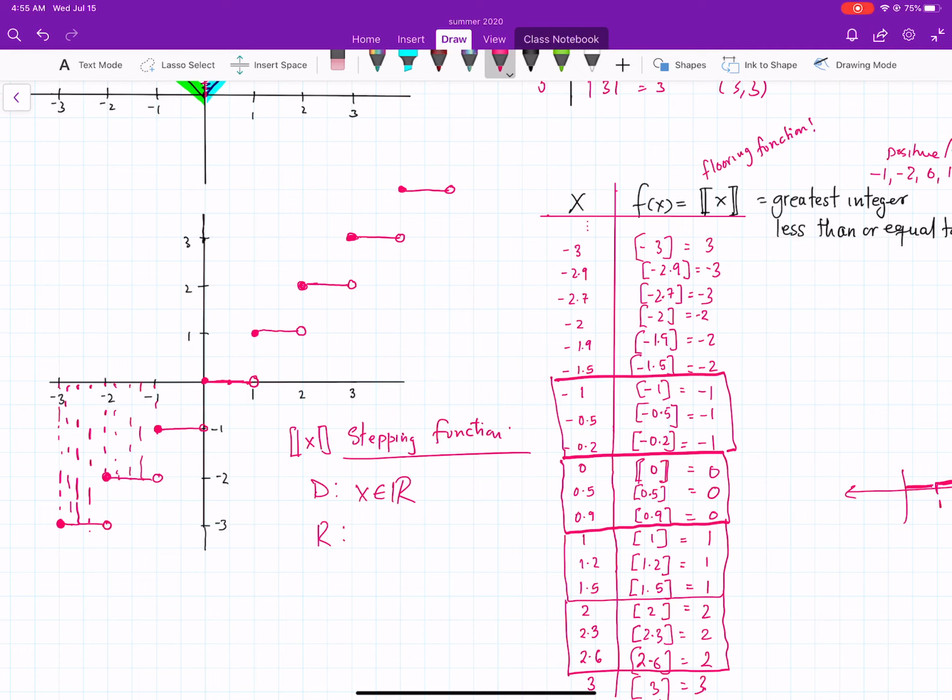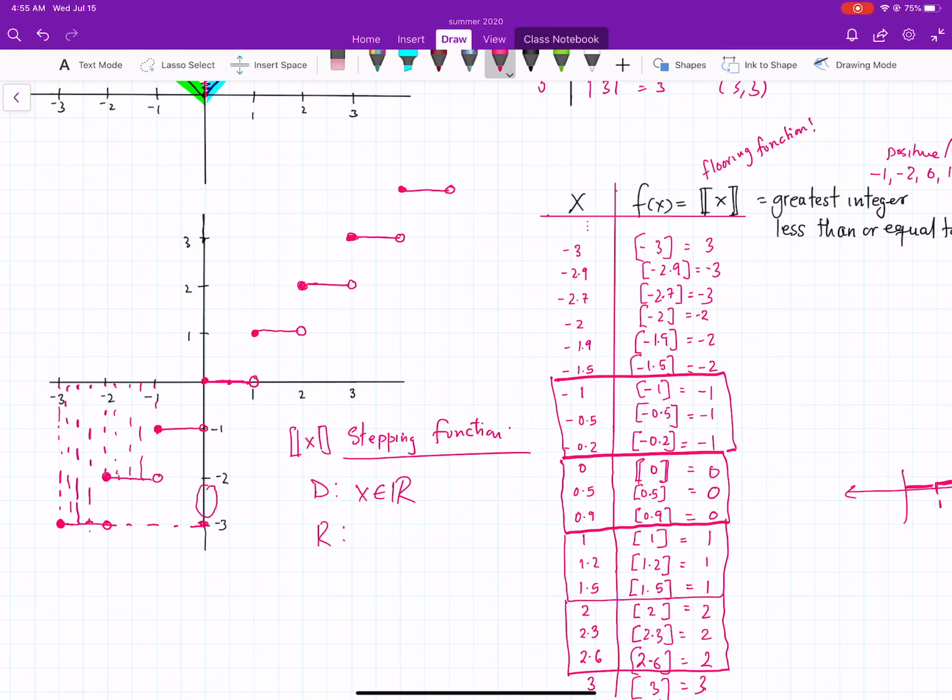The range is all the y values. And you can clearly see that when I'm at 3, I'm right here. But in between, there are no points. There are no points between -2 and -3. I don't have any portion of the graph between -2 and -3.